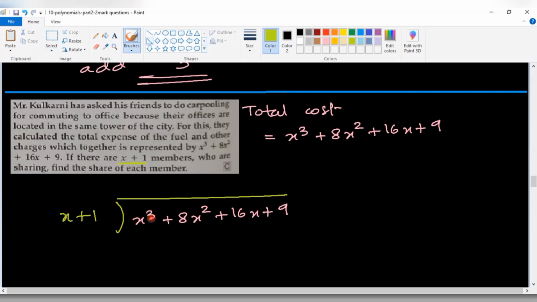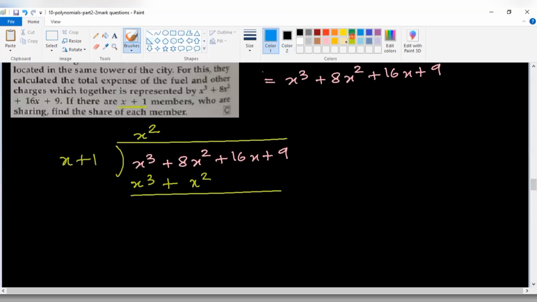Here x cube and here x. When we divide, we get x square. So x square into x is x cube, and x square into 1 is x square. Next is subtraction. x cube and x cube get cancelled. 8x square minus x square is 7x square, plus 16x plus 9.